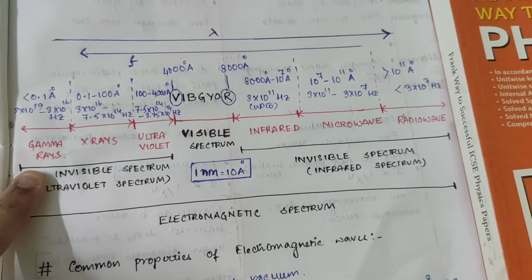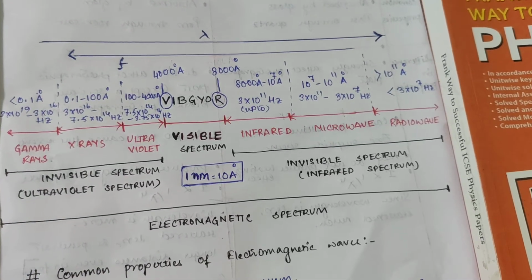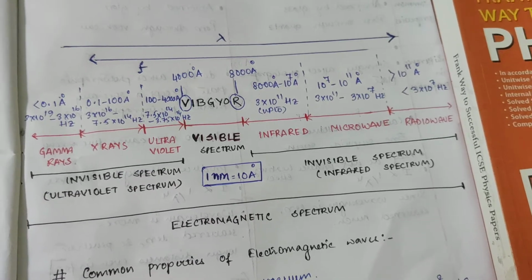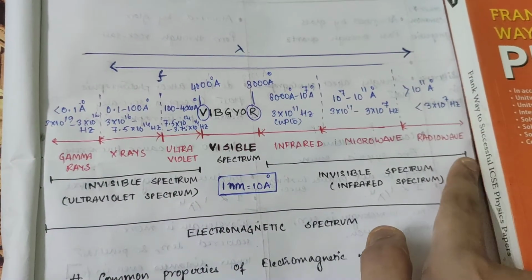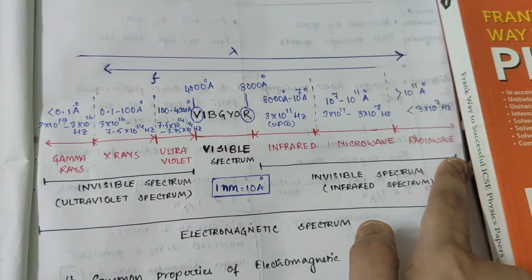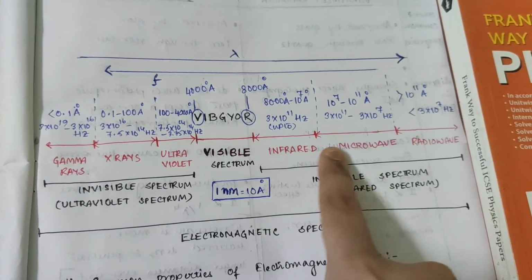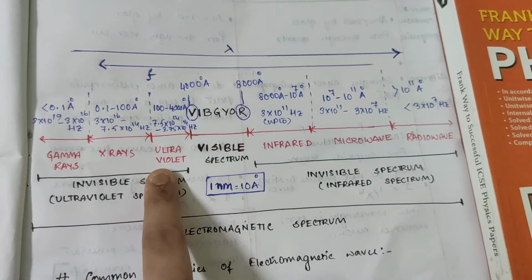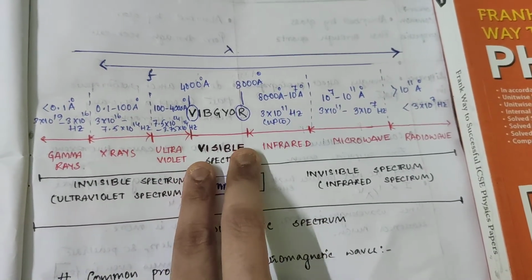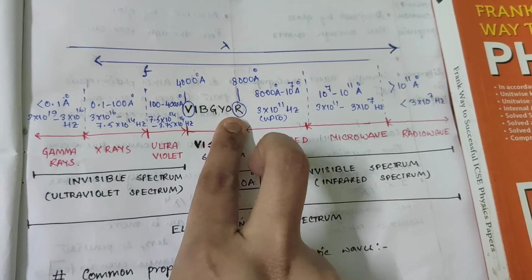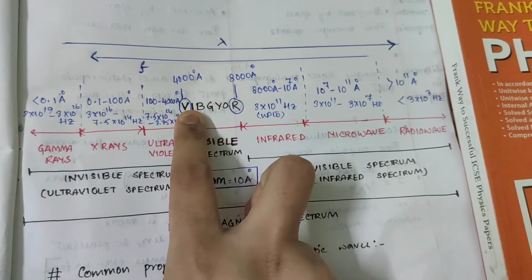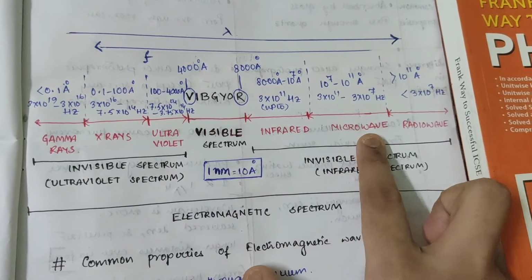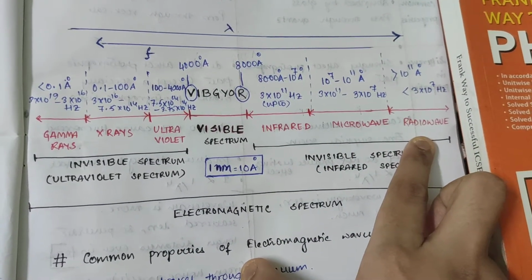So just see, you are getting wavelength in the increasing order from this end to this end. Gamma rays, X-rays, ultraviolet, then the visible range, violet to red, among which violet has the minimum wavelength, red has the maximum. Then infrared, microwave, radio wave, right?